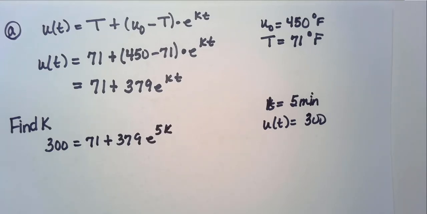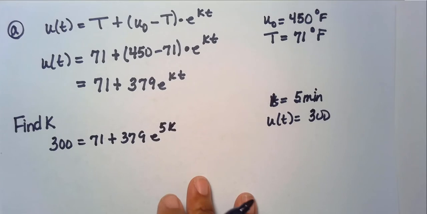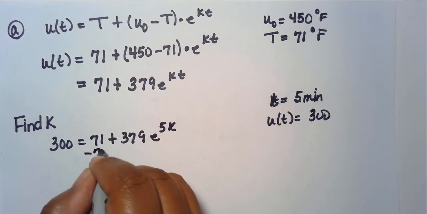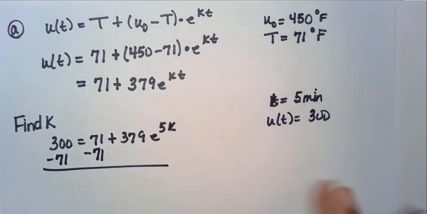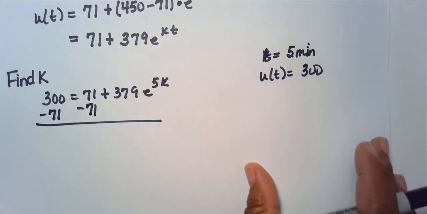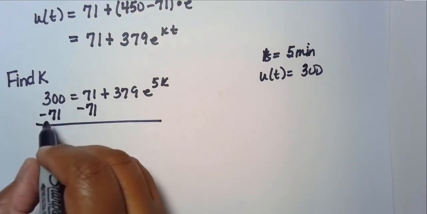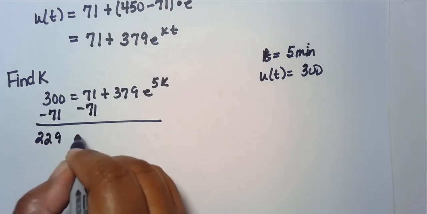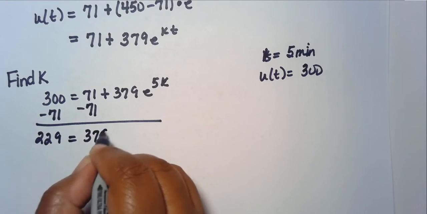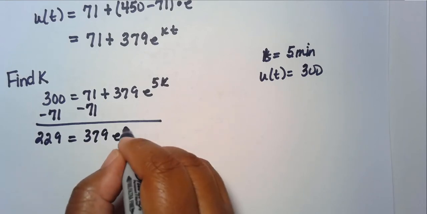Now we want to solve for k, so what we're going to do is subtract 71 from both sides. And we have 300 minus 71, which gives us 229 equals 379 e to the 5k.